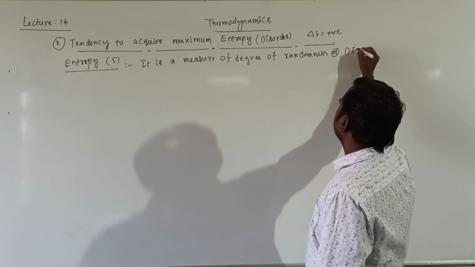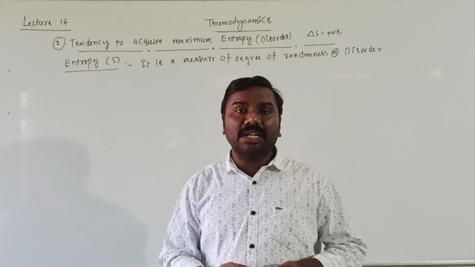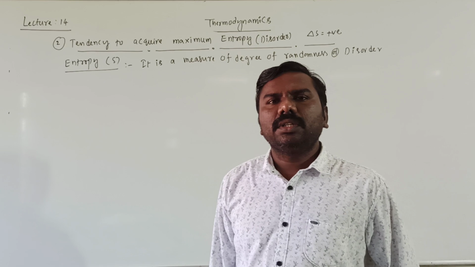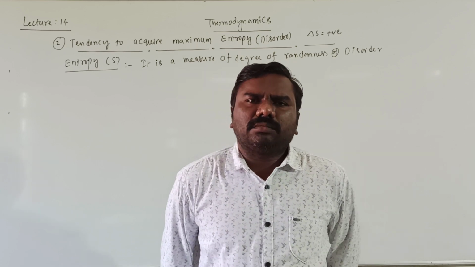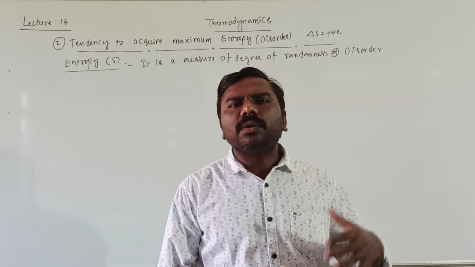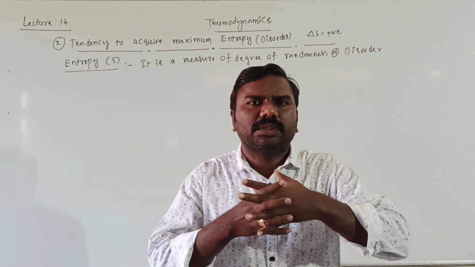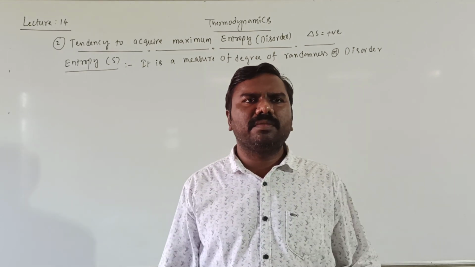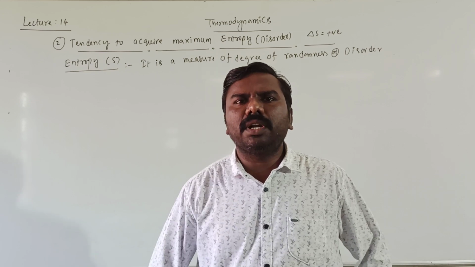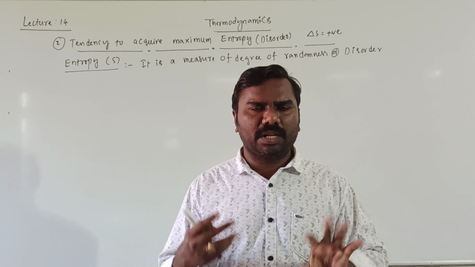or disorder, called entropy. Generally in our nature, students, for example, you are listening to class, every time, a common thing, it's a student psychology, you will try to go outside. In your class, you are in a great order. Each bench contains 4 members, every direction order is there. So if you went out, obviously there is no order.